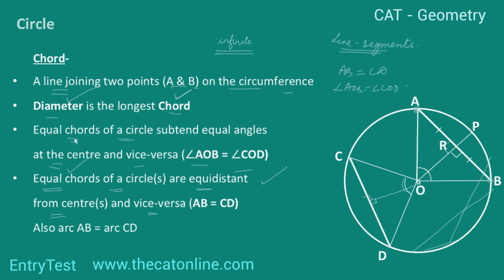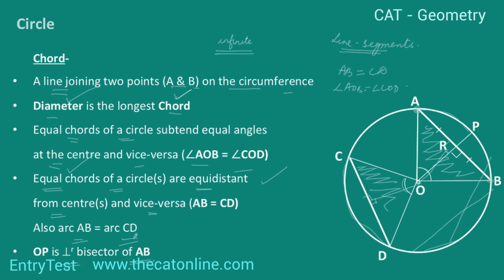So I would understand this as a congruent thing. So this triangle would become congruent to this triangle. So the length of the arc would also become equal. The length of arc AB would be equal to the length of arc CD, and OP, which is the perpendicular distance, will become the perpendicular bisector of AB.